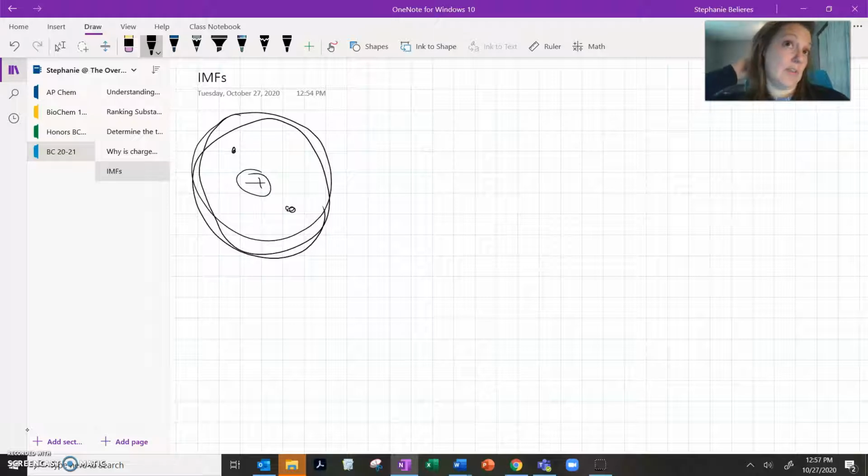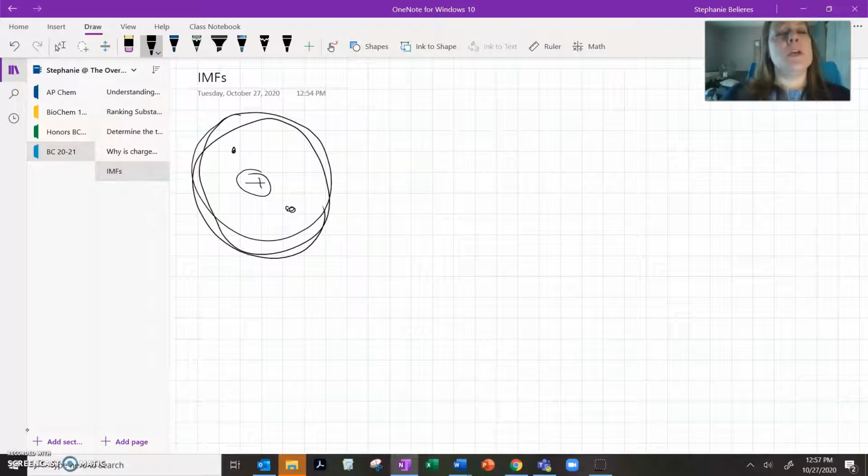I never really know where they're going to end up. I know there are positions defined by calculus where they might end up, but they are randomly moving around in that electron cloud. And it is possible that at any given time, those two electrons may end up next to each other.